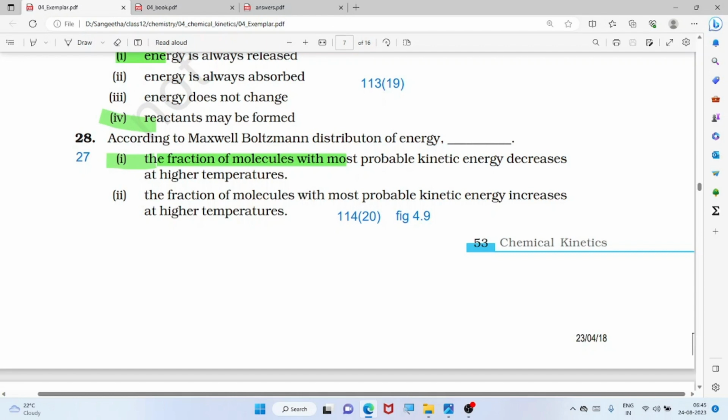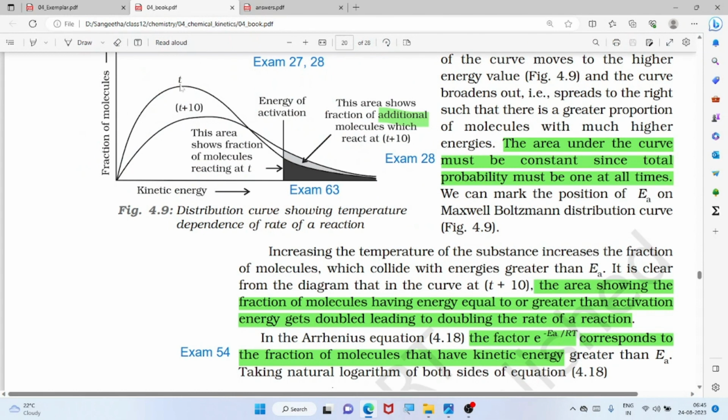So what it is saying, the fraction of molecules with the most probable kinetic energy. Most probable means that is the peak. This peak decreases at higher temperature, and this peak is higher at the lower temperature. The increase is after the activation energy.